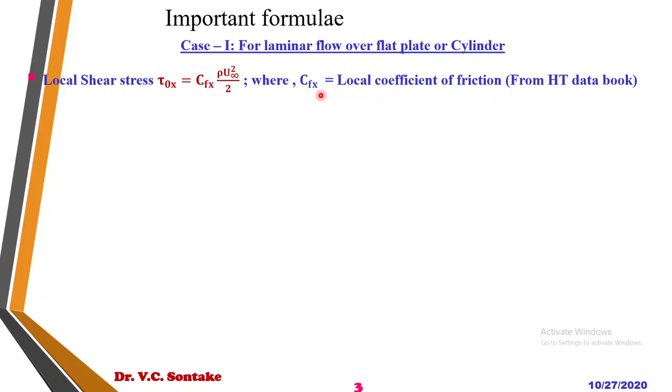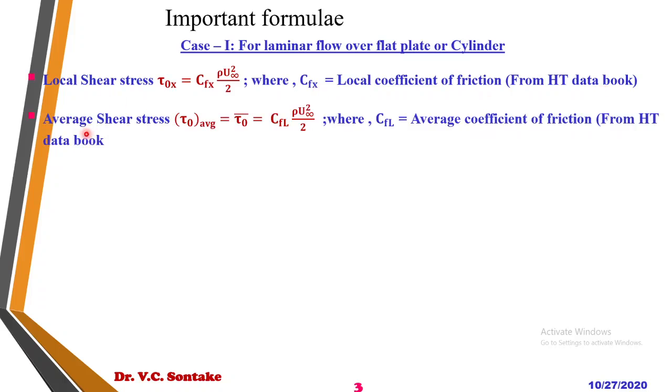And how can I determine Cfx? From the heat transfer data book. So we can use the expression of Cfx from the heat transfer data book, and there are some selection criteria to select the expression for Cfx.